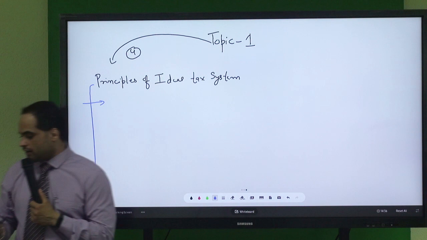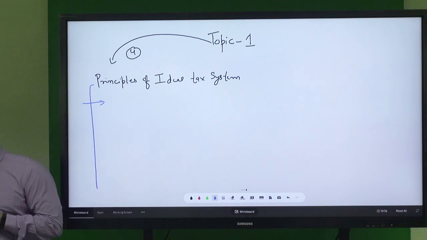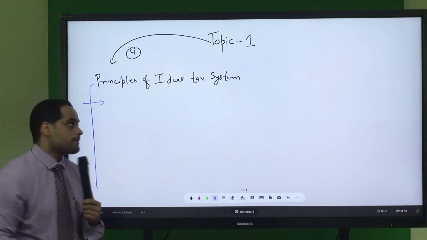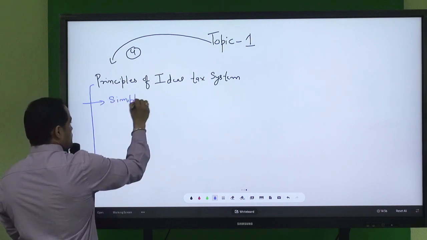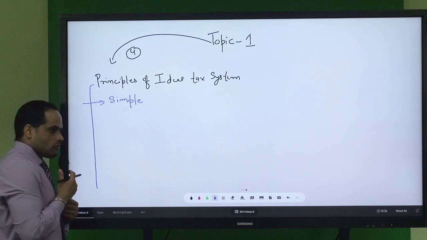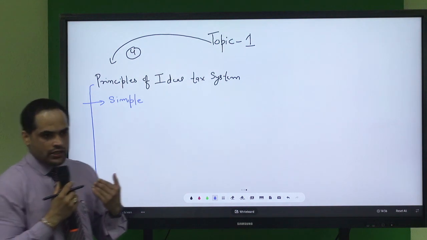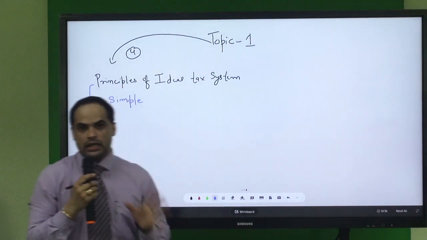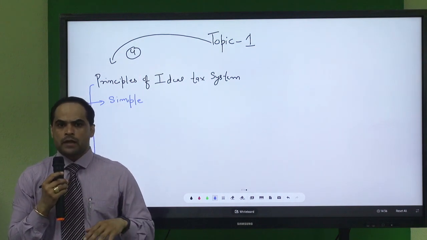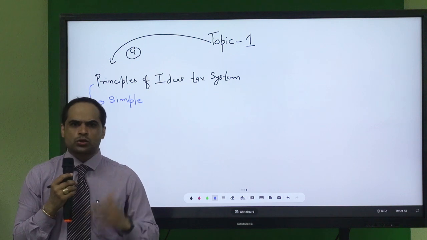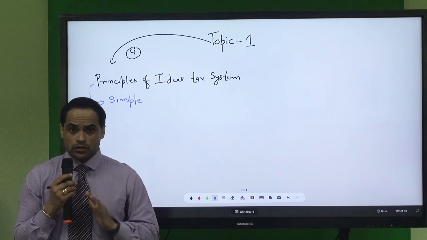So the first thing is simple. Which means whatever tax system we implement in our country, make sure it's simple, that people understand it, that it makes sense to the people.